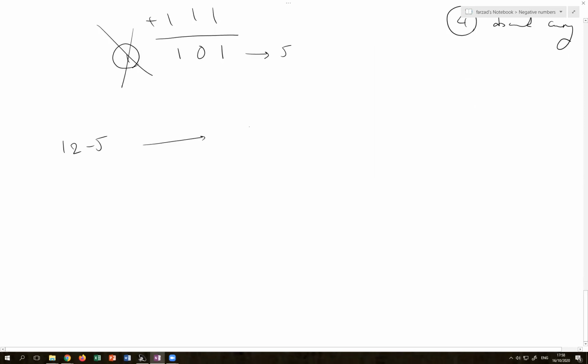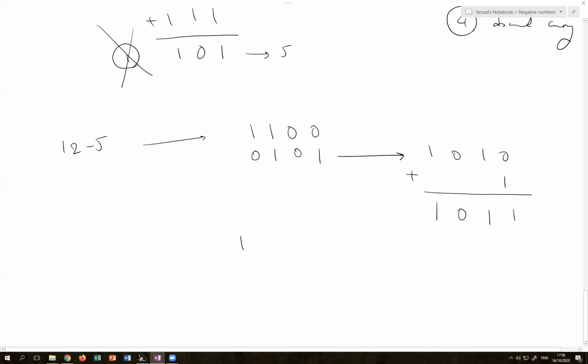12 is what? 8, 4, 0, 0. What is 5? 4 and 1. So what we've got to do, flip the bits for the second number. Look, 1 turns to 0, 1, 0, 1, 1, 0, 0. I've got to add 1 now. 1, 0, 1, 1, 0, 1, 0, 1.